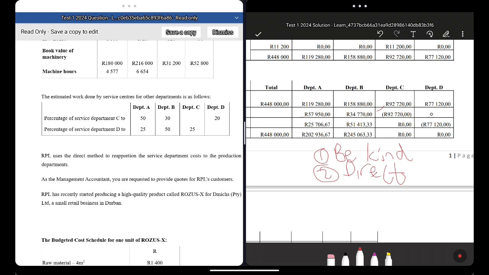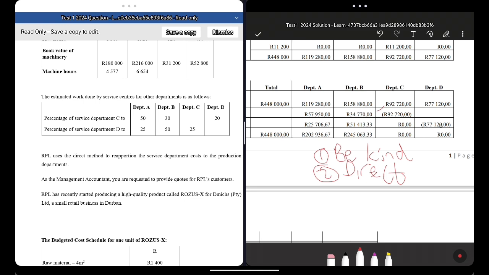Now, you're going to close off this account, Department D. But Department D falls under the second step. So after you do your kind, generous thing in the replicable method, boom, you change to the direct method. So now the second step, when closing the second department, changes to the direct method.